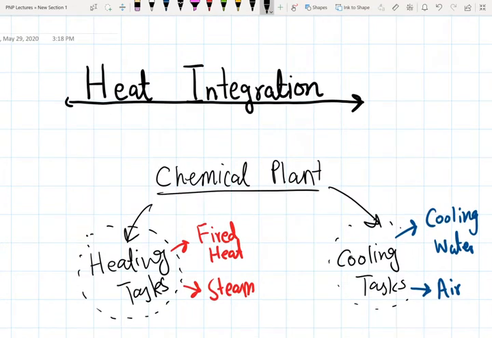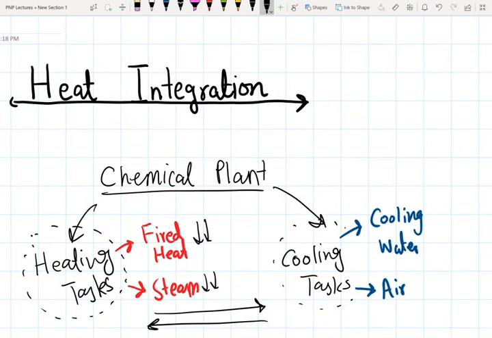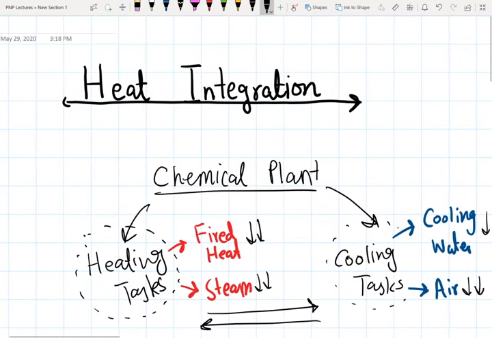What if we were able to take heat from the hot streams and give that to the cold streams, thereby minimizing our reliance on utilities? Utilities are one of the most expensive operating costs in a chemical plant, and by performing heat integration, you can cut back on utility costs and make your chemical plant much more economical.